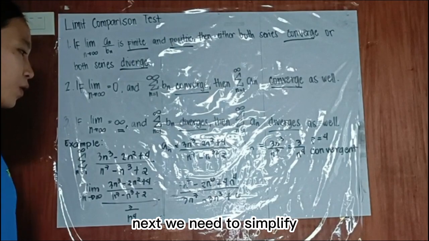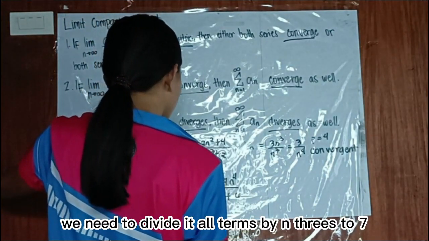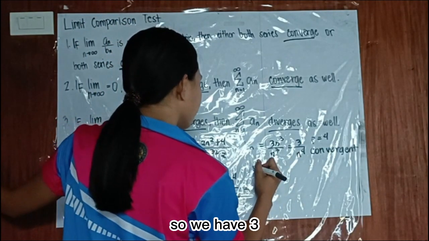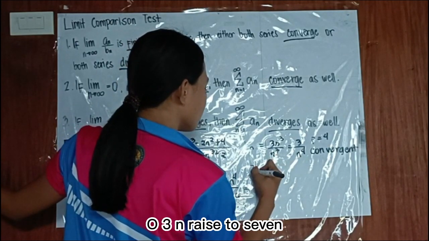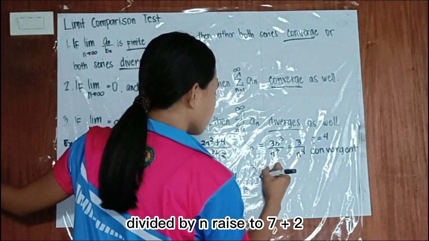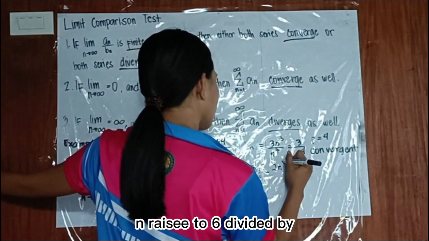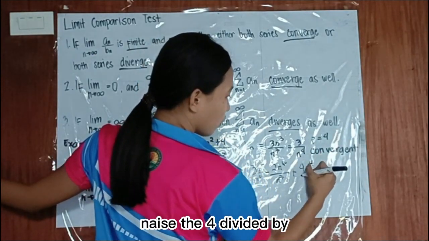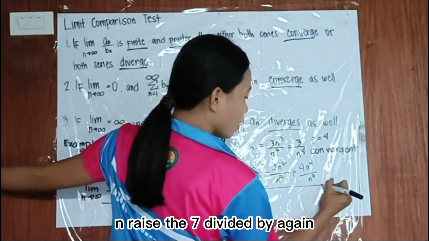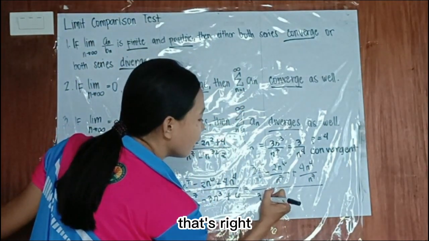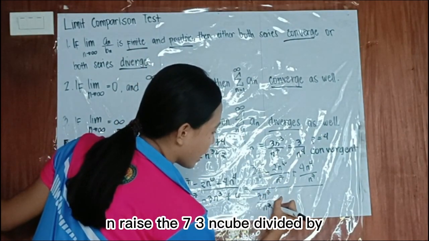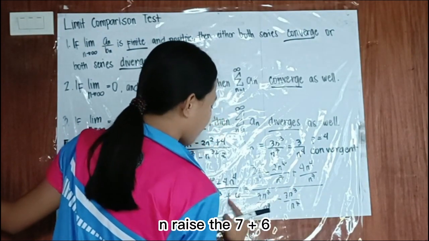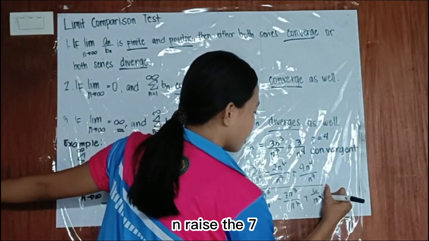We need to simplify. In simplifying, we need to divide all terms by n raised to 7. So, we have 3n raised to 7 divided by n raised to 7 less 2n raised to 6 divided by n raised to 7 plus 4n raised to 4 divided by n raised to 7, over 3n raised to 7 divided by n raised to 7 less 3n cubed divided by n raised to 7 plus 6 over n raised to 7.